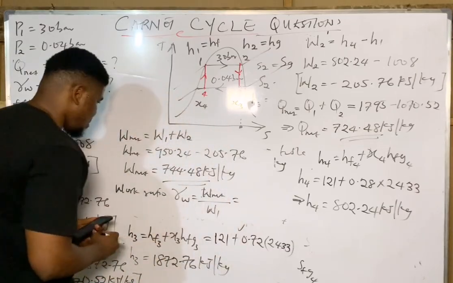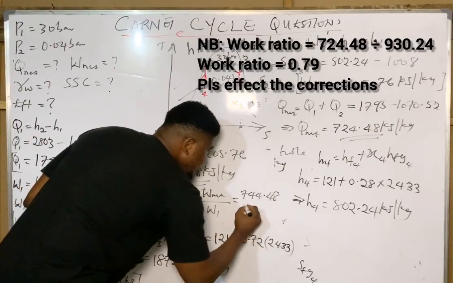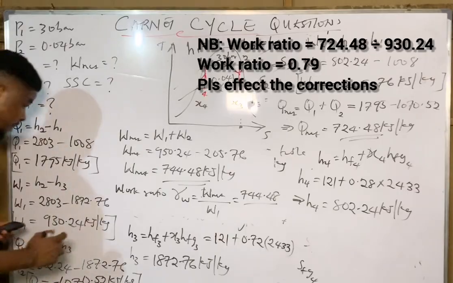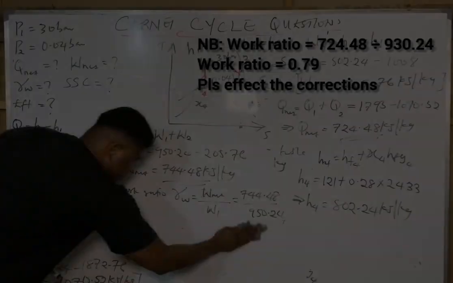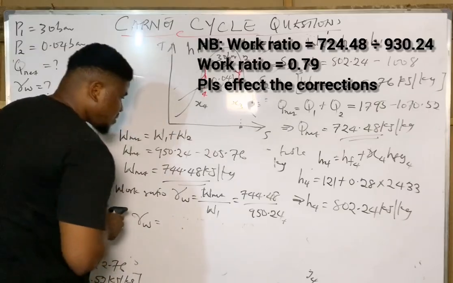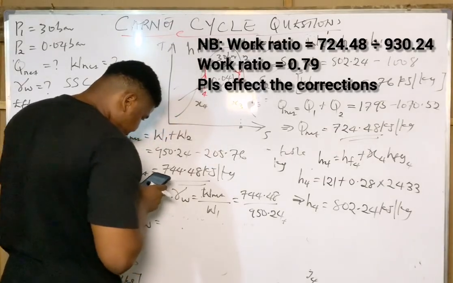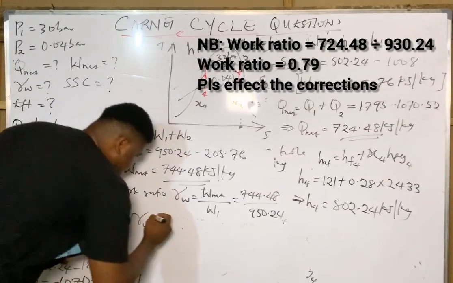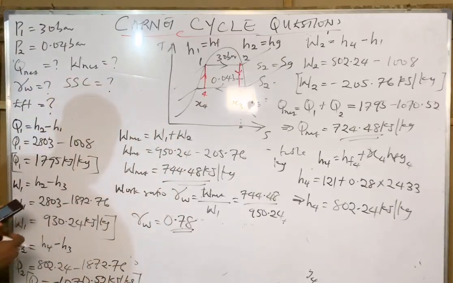Net work gave us 744.48. W1, which is the expander work and the positive work, is 950.24. So the work ratio equals 744.48 divided by 950.24. That gives us 0.78. So our work ratio is 0.78, approximately 78%.